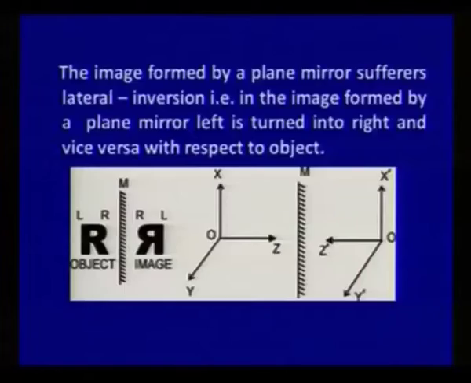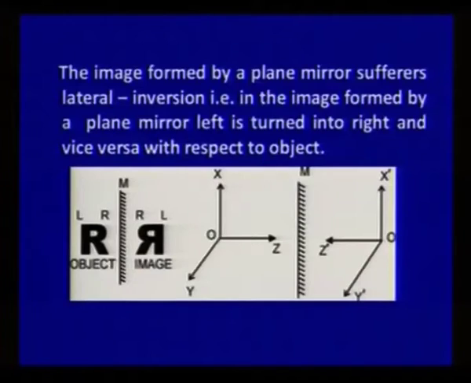Now, you can see its effect. You can see your image in a plane mirror, and there is a very important and interesting phenomenon. There is a lateral inversion, left converted into right and right converted into left. You can see the image of the letter R here. So, how is this change taking place?